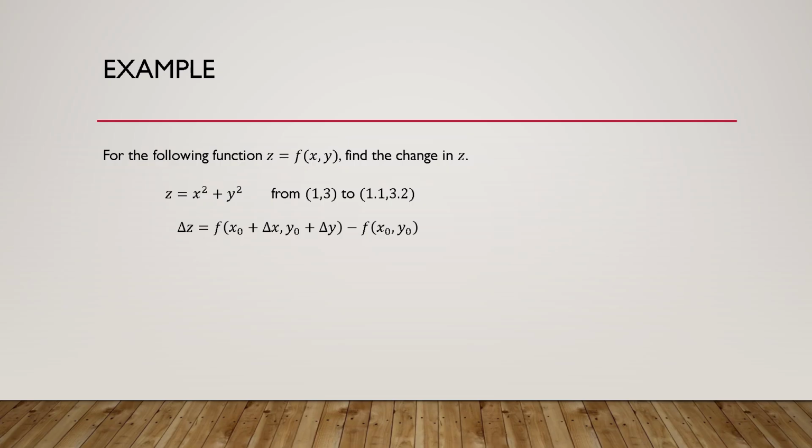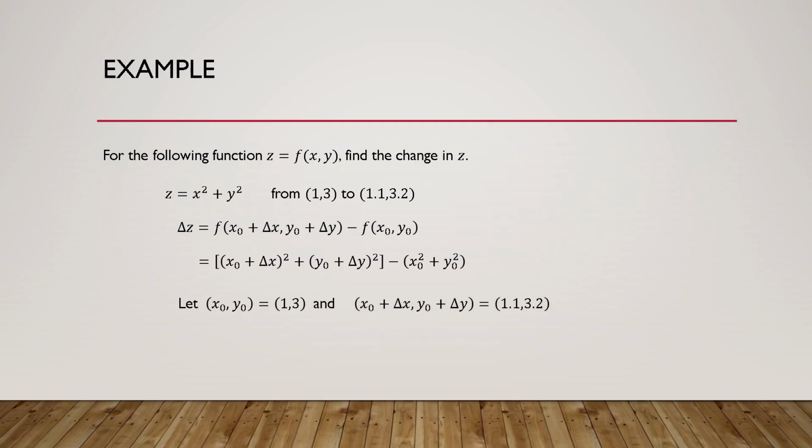Apply this to our original equation to get x sub 0 plus delta x squared plus y sub 0 plus delta y squared minus x sub 0 squared plus y sub 0 squared. Next, we let x sub 0, y sub 0 equal 1, 3, and x sub 0 plus delta x, y sub 0 plus delta y equals 1.1, 3.2.